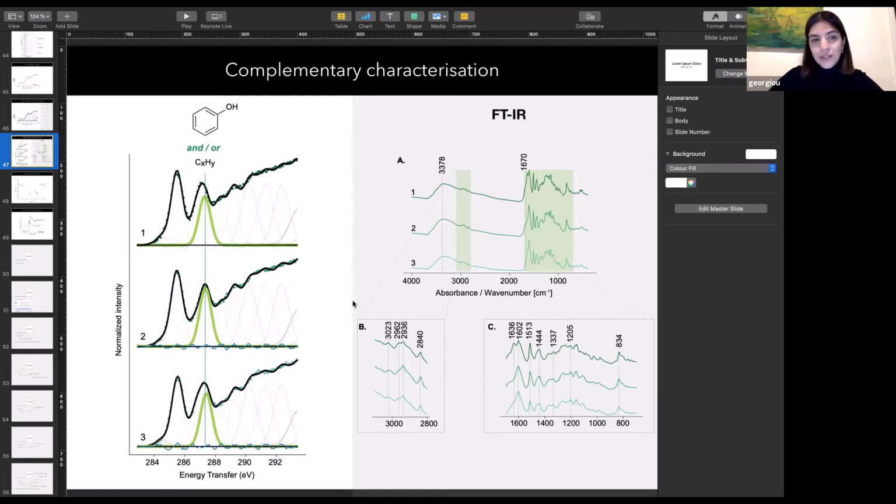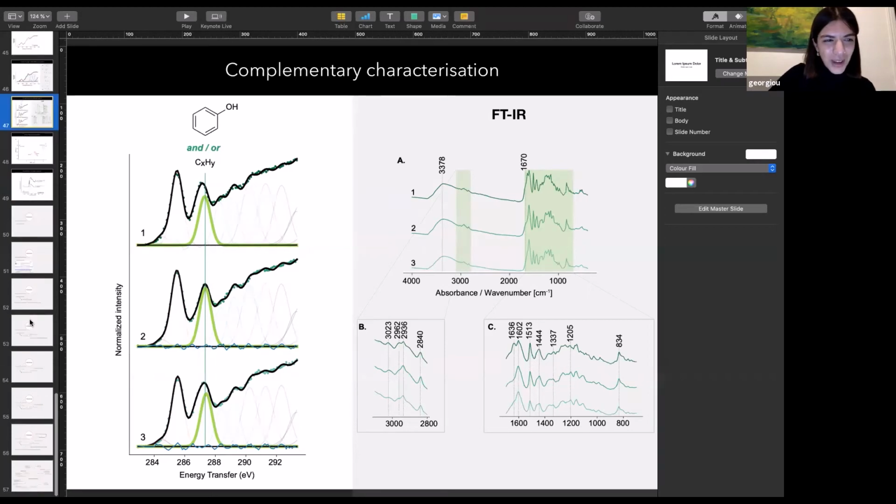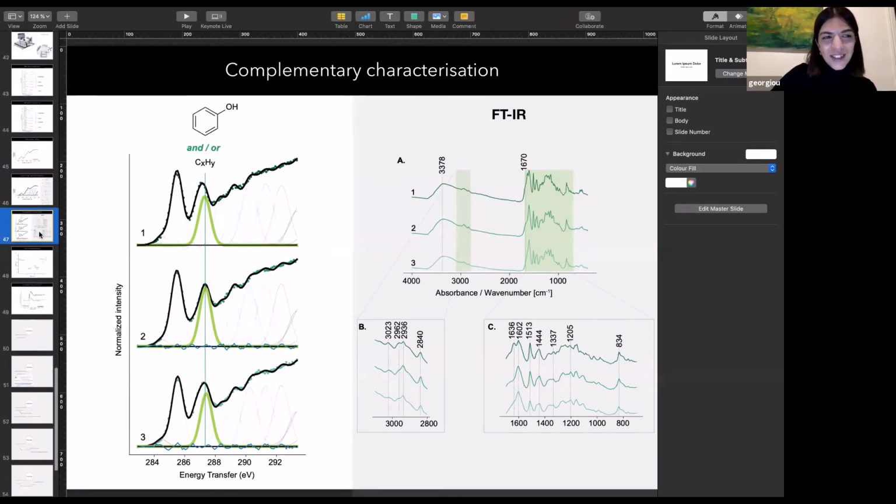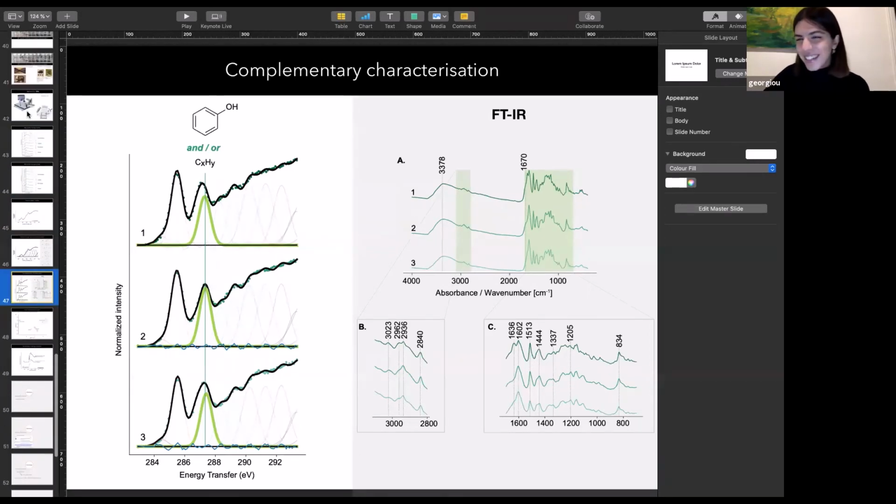So yes, we can say that it's an overlap of the two transitions, and the opposite also happened: for assignments that I wasn't able to say for sure from FTIR, I was able to identify them with XRS.